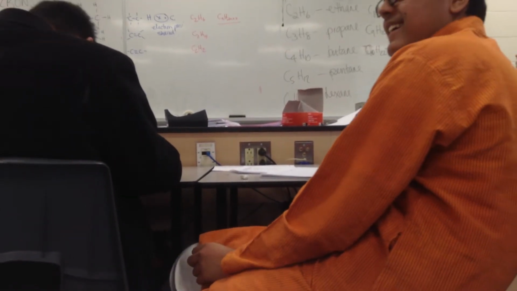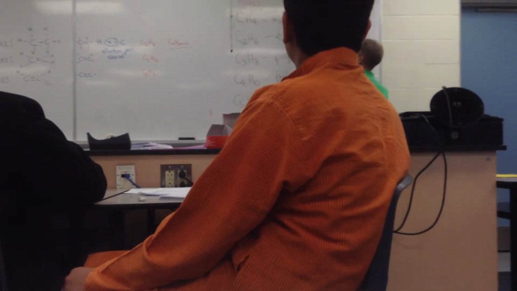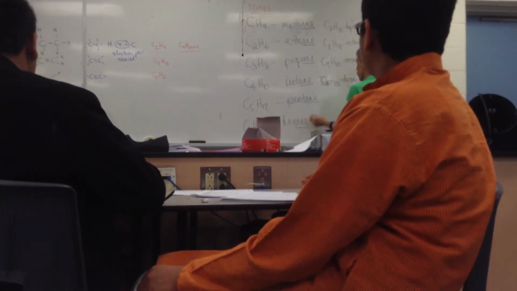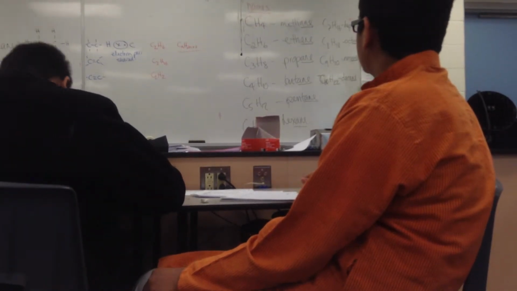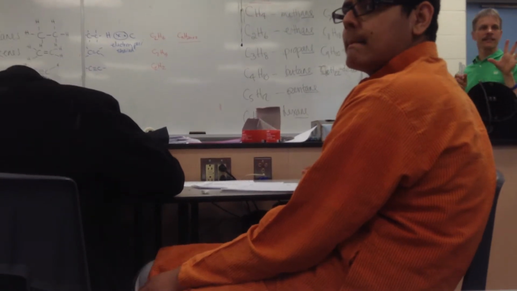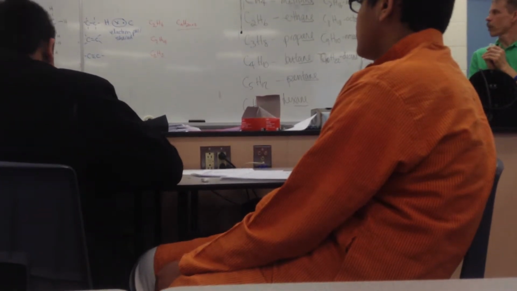Alright, so the important part about that is that if it's an alkane, they'll have ane at the end. Anything that has all single bonds is called ane, which is an alkane. If you see any other letters there, that means you do not have a single bonded carbon-based product.